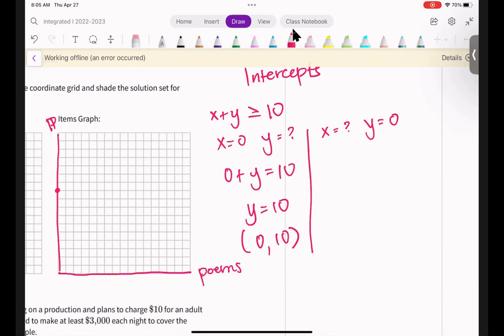Plug that in and give me a point down here. I'm going to give you a couple seconds to do that. When you have it, go ahead and tell me in the chat. This is just a fast way to graph if they give it to you in standard form.